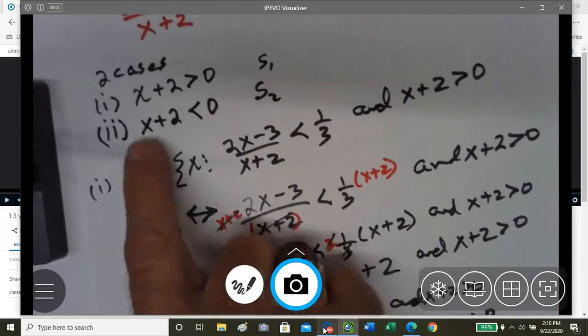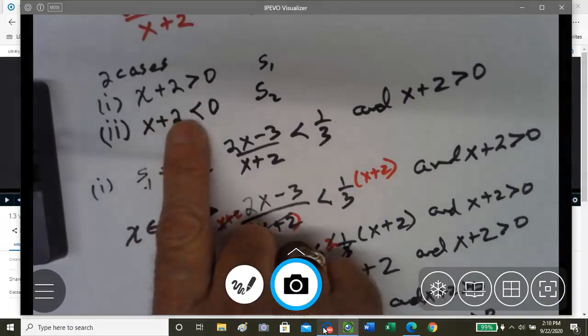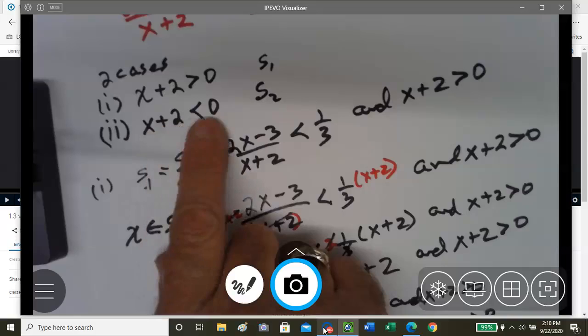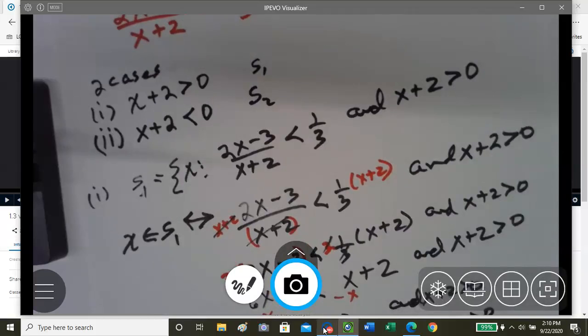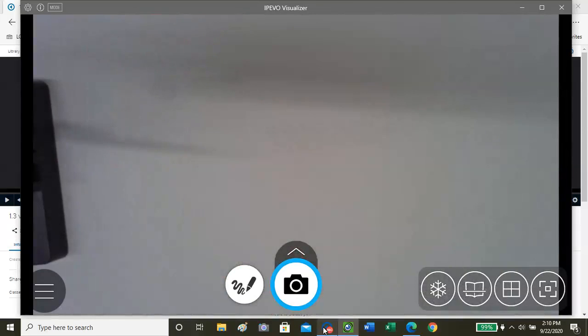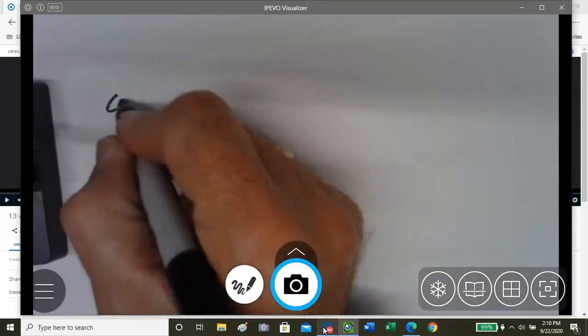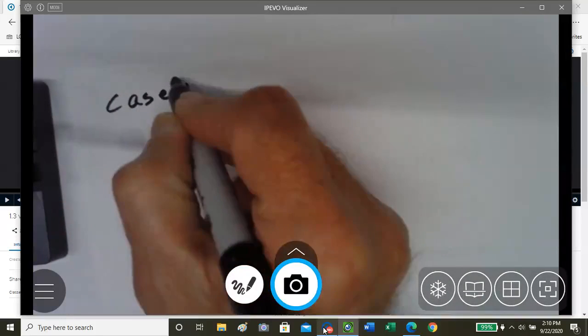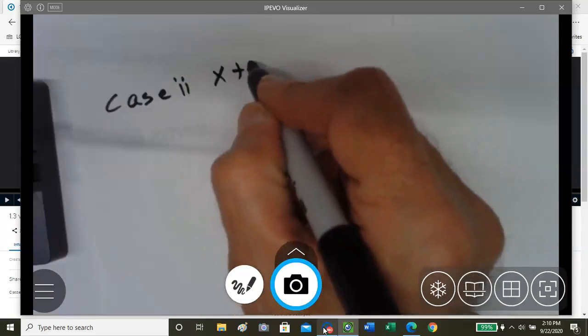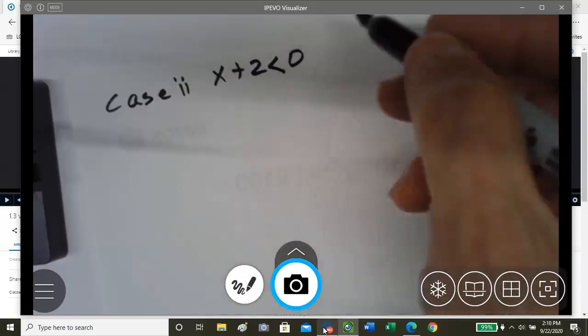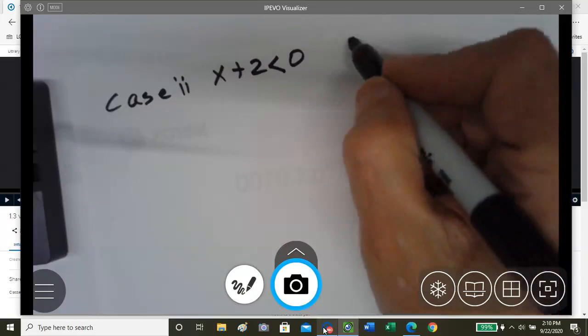Now we're going to look at case 2, where x + 2 is less than 0. So we go ahead and put here case 2, where x + 2 is negative. And that's set 2.